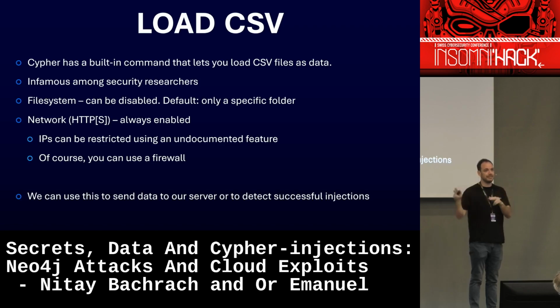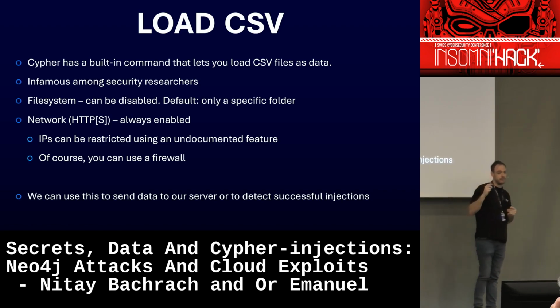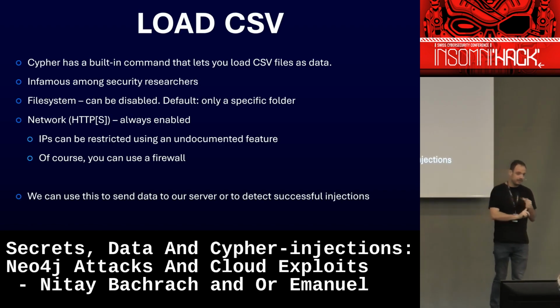So even if it's a blind injection, we don't really care about it. We can just tell Neo4j to send it to our server, and we can put whatever data we want to retrieve in the URL path, and that's it. We get the data. Network access cannot be disabled.